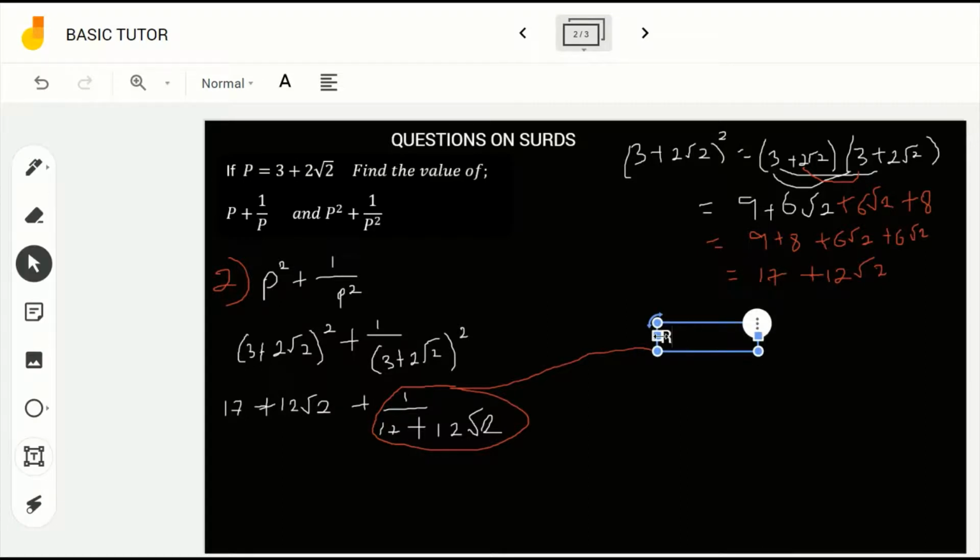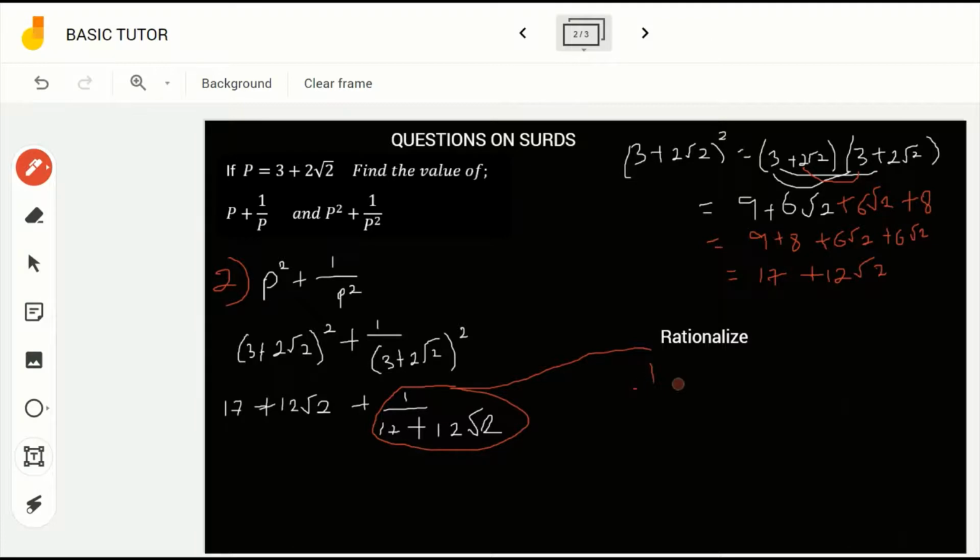So we have 1 over 17 plus 12 root 2. Please note that to rationalize, we multiply the numerator and the denominator by the conjugate of 17 plus 12 root 2. That becomes 17 minus 12 root 2.